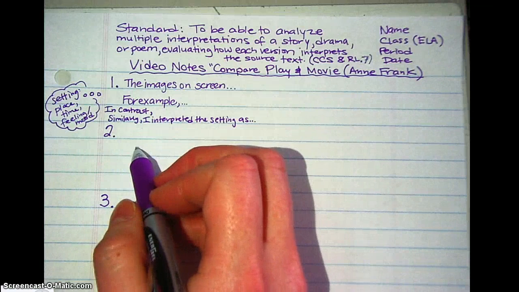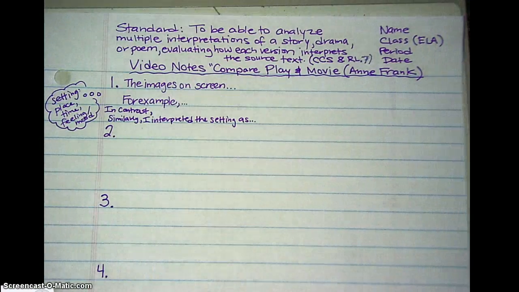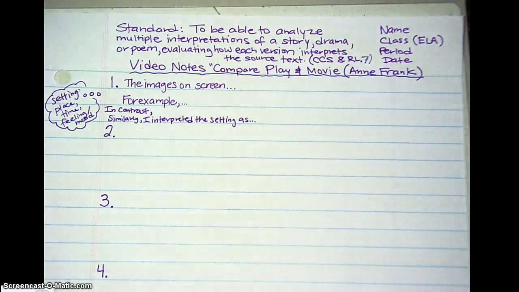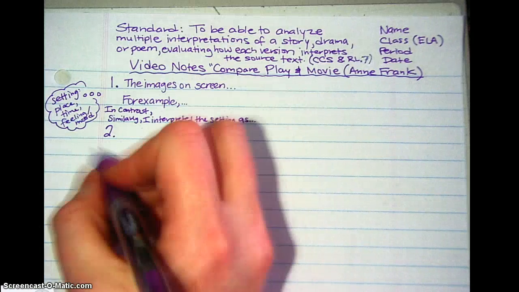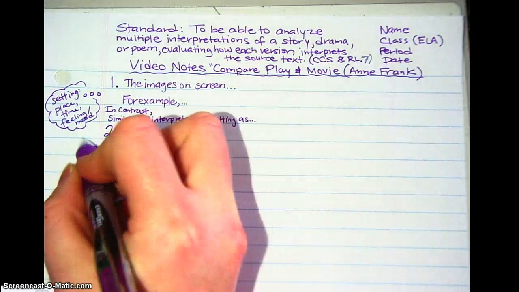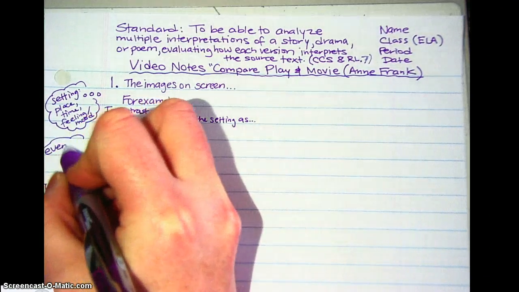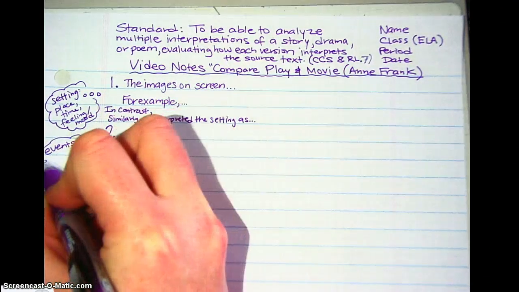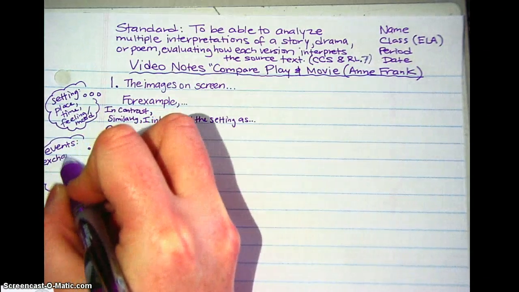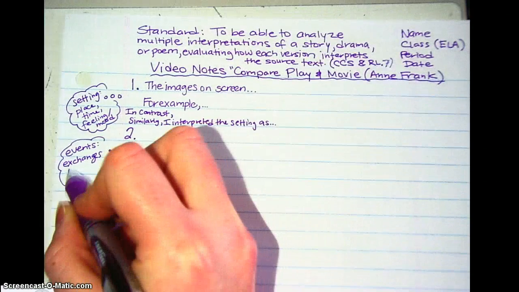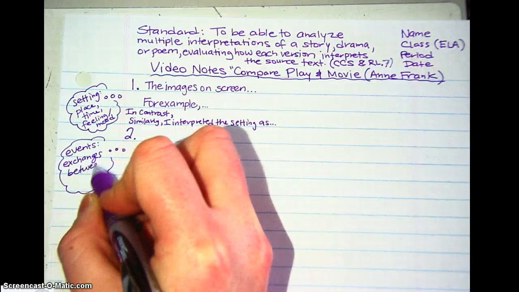Number two: how did the events shown in the movie compare to the events shown in the play? Remember that events you could think of as sort of exchanges between characters.